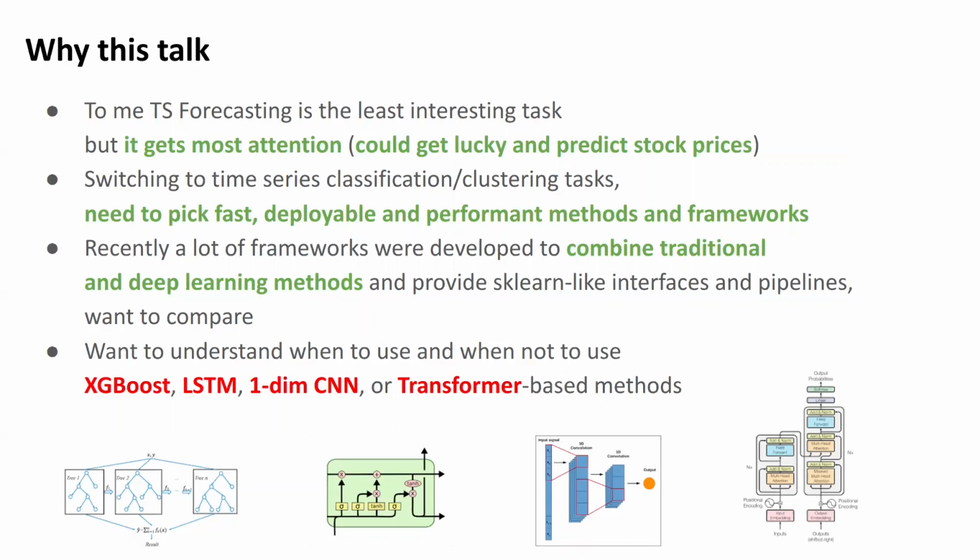For a lot of other tasks, people use various deep learning methods, like using LSTM to extract information from the sequence, using one-dimensional CNN again to extract features, and then through the sequence. Or recently, there have been a lot of transformer-based methods in time series, both spatial and time series. So I want to define when to use which method.